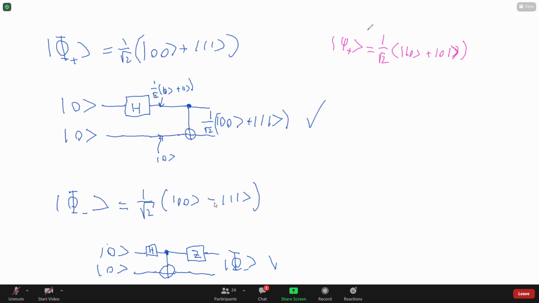And again, it's useful to see that if you look at this state, it's almost like the phi plus state, except that we flip the first qubit, which tells us that we can construct it by making a bit flip operation on the state. So again, we start with a Hadamard, we do our CNOT, and then finally we do the X gate.